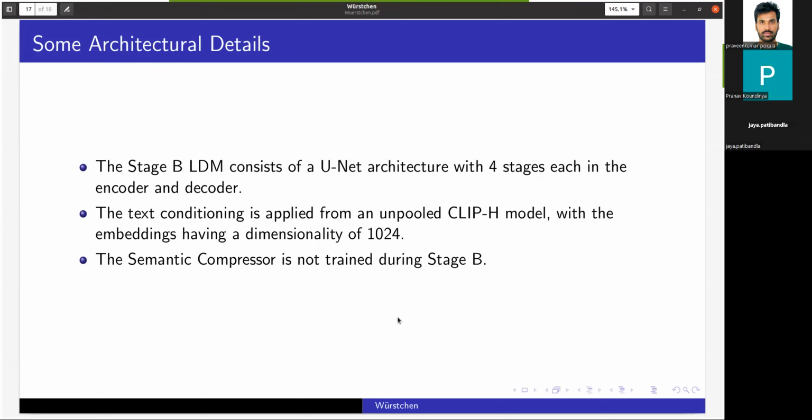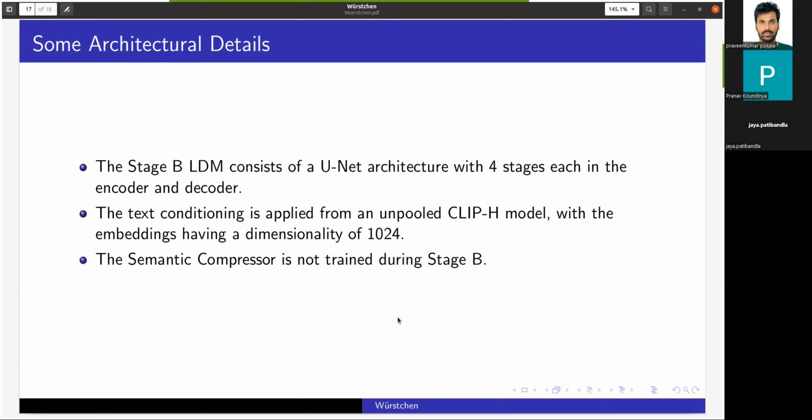And yeah, some of the finer architectural details about the whole Würstchen architecture. Coming to the stage B latent diffusion model, this consists of a UNet architecture with four stages each in the encoder and decoder part. The text conditioning for both stage B and stage C is applied from an unpooled CLIP-H model with the embeddings having a dimensionality of 1024.